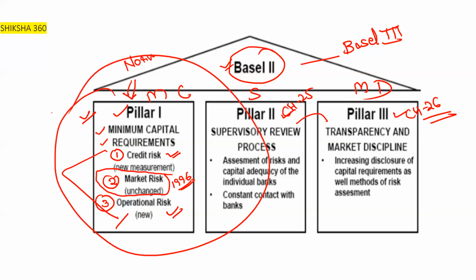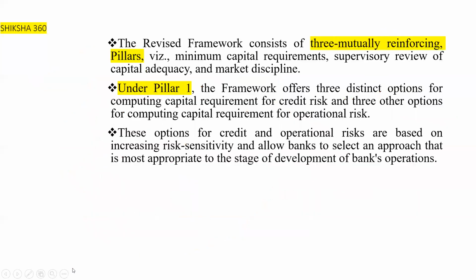From this we can expect risk weighted assets numericals or very important MCQs, from this model or this diagram, which is similarly present in your book. We will discuss that also.